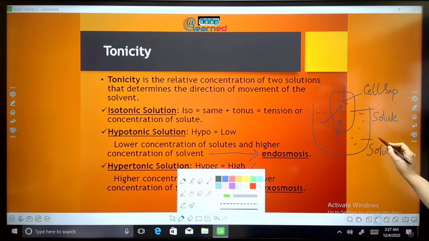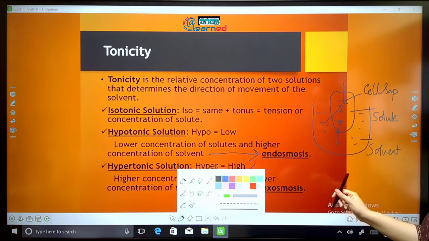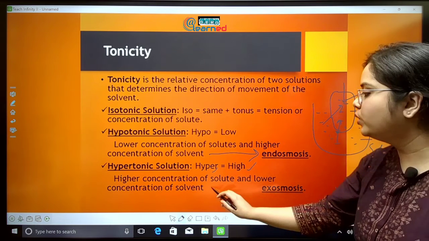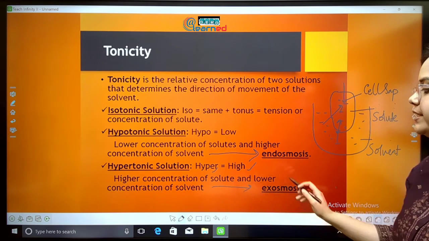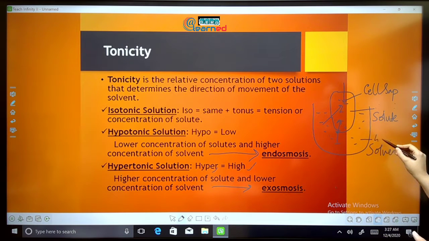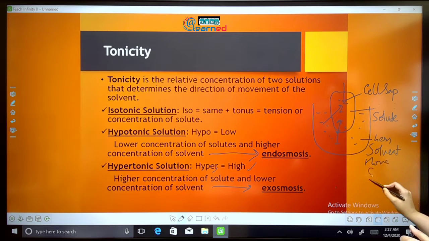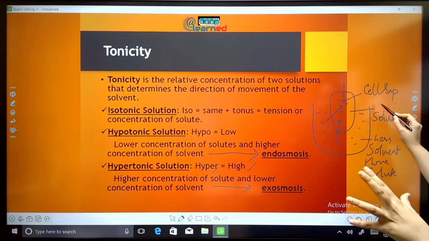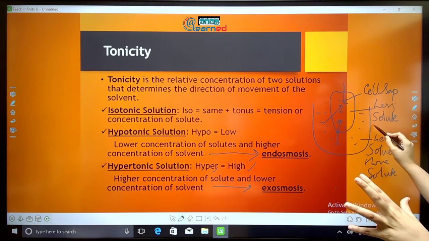Okay, here in the hypertonic solution, there is a higher concentration of solute and lower concentration of solvent leading to exosmosis. So, here there will be less solvent and more solute, and inside, the cell sap has a lot of water, less solute and more solvent.